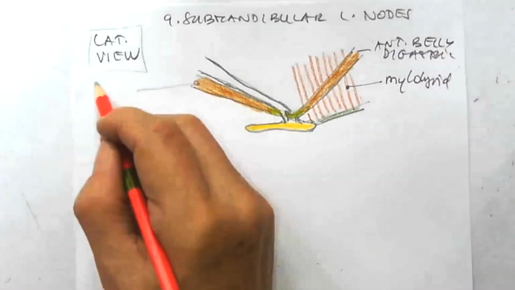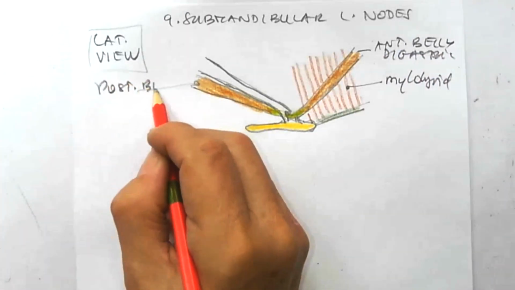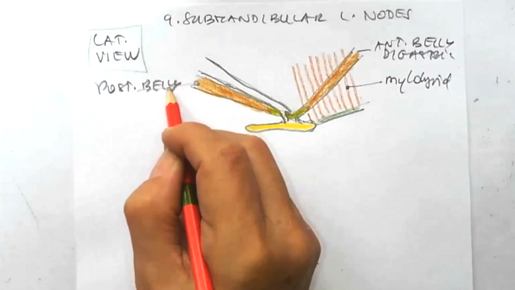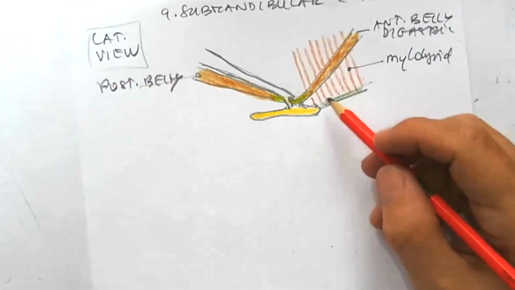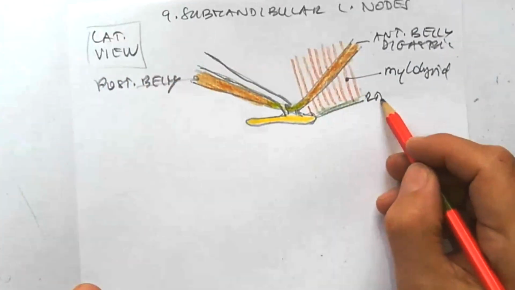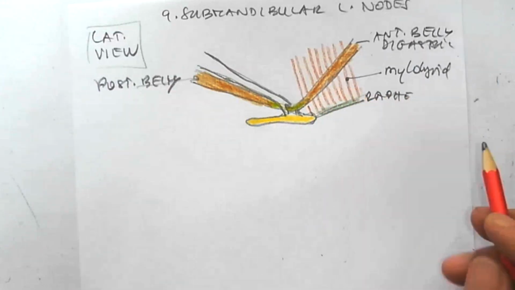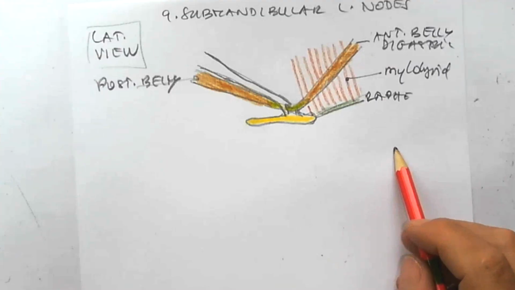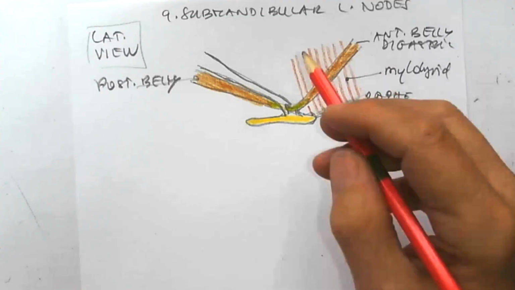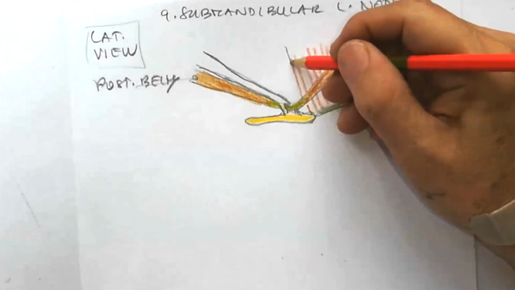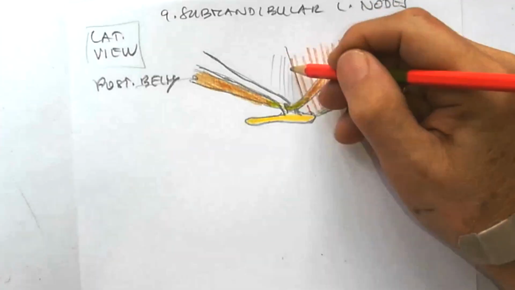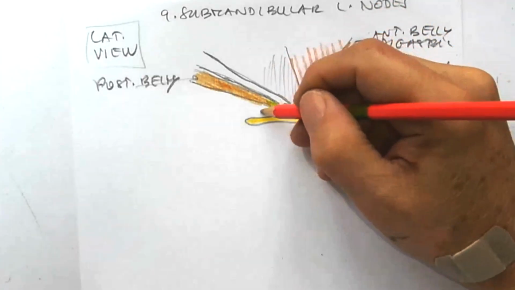This is the posterior belly, good. Then the raphe, the mylohyoid raphe, definitely, and then is the hyoglossus, but not necessary to draw it like that.